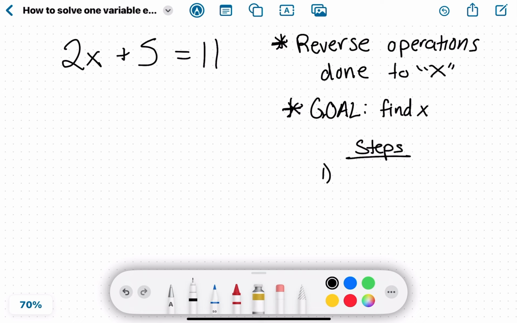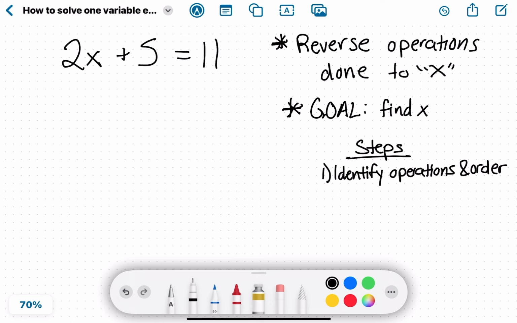We need to first identify the operations and the order they occur in. Without doing this, we won't be able to reverse them, because without knowing what happens when, how are we going to be able to reverse it? So, what's happening to x over here?